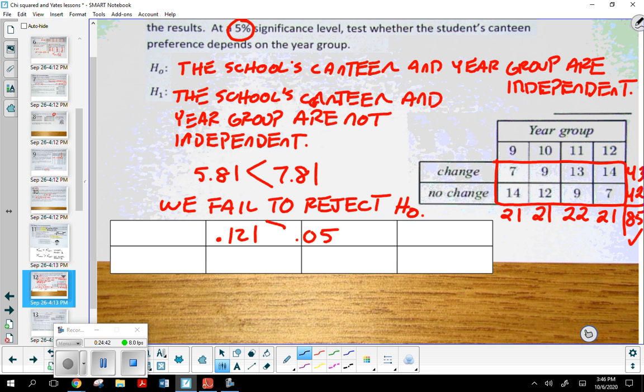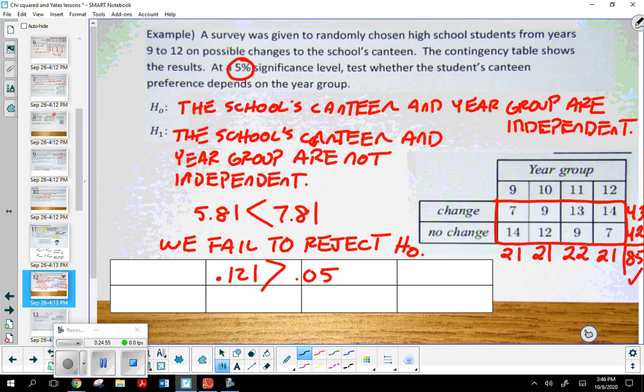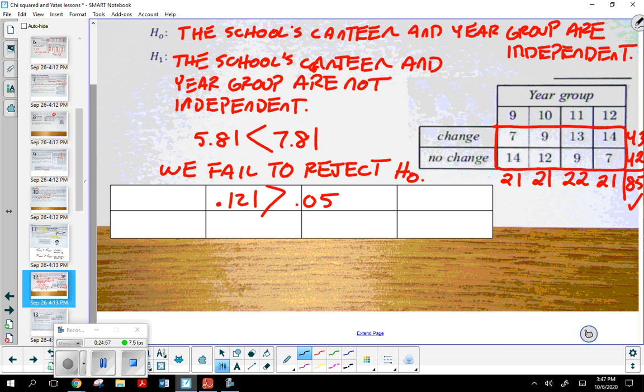That's greater than. It is on this other slide right here. If the p-value is greater than your significance level, we do not reject the null hypothesis. What conclusion did we come to here? Did we reject the null hypothesis? We did not. So this confirms what we got is correct.